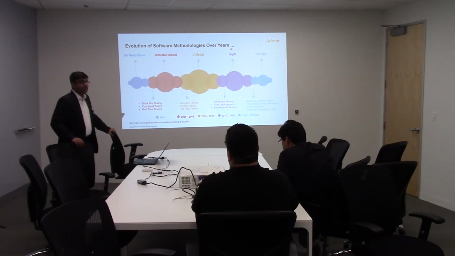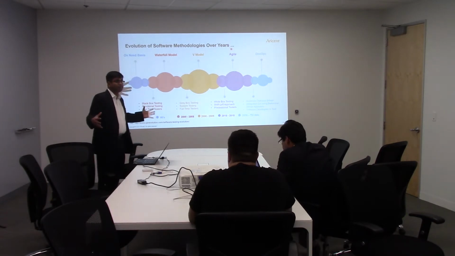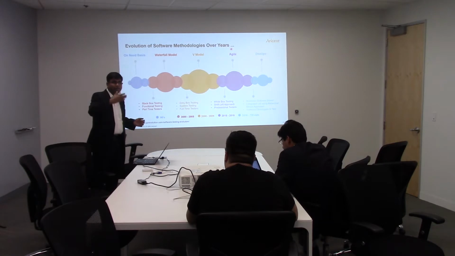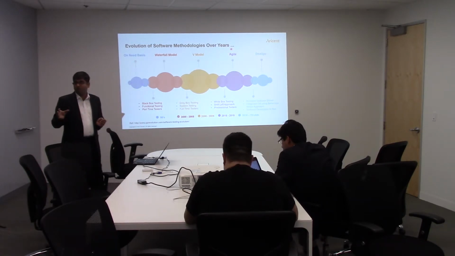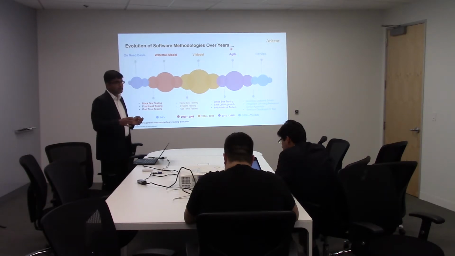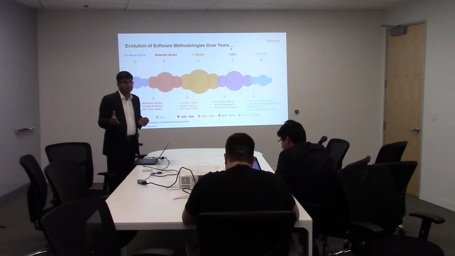So in Agile, we are not taking everything together as in the waterfall. Rather, we are taking a product backlog and dividing it into smaller chunks that we call sprints. We are taking one sprint, defining the task, and a sprint will be like a 15 days or 30 days cycle.